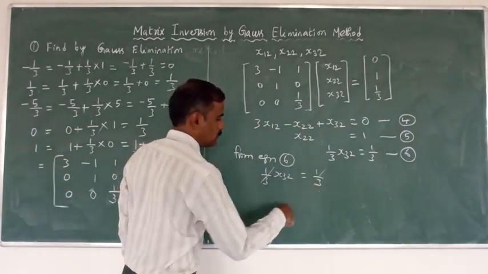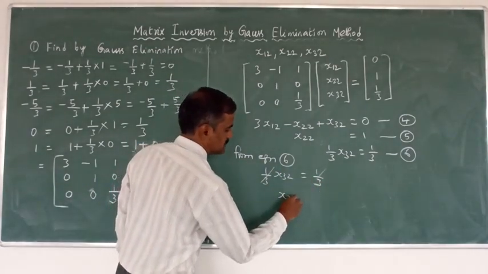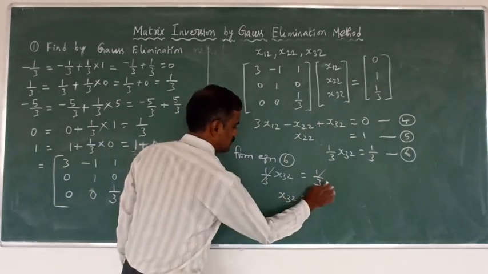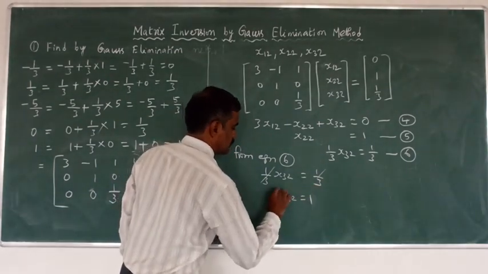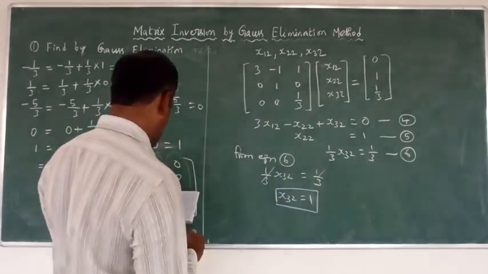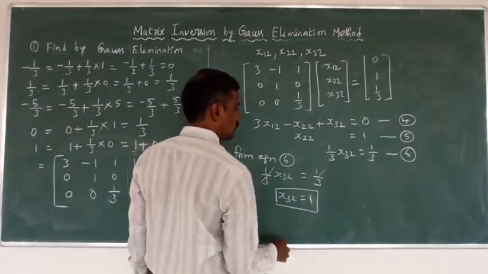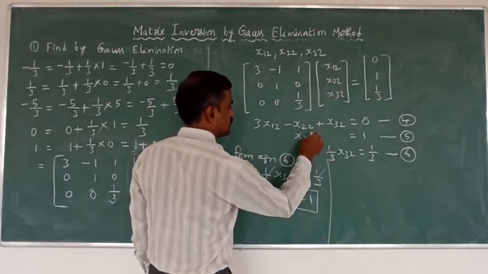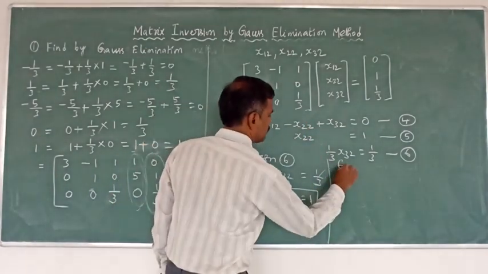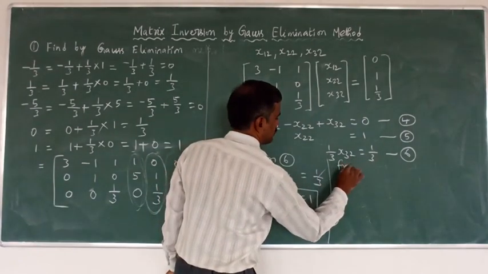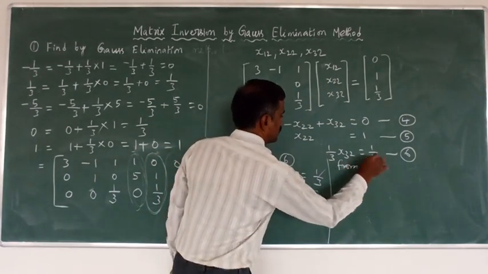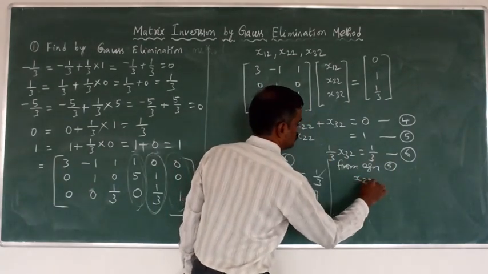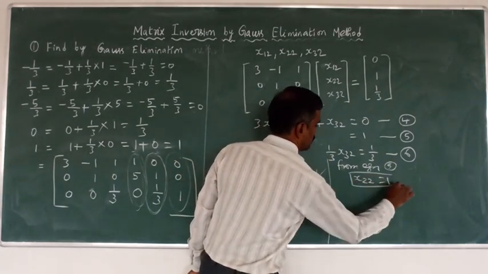Now 1 divided by 3 and 1 divided by 3 cancel, so x32 equal to 1. From equation 5, x22 equal to 1.